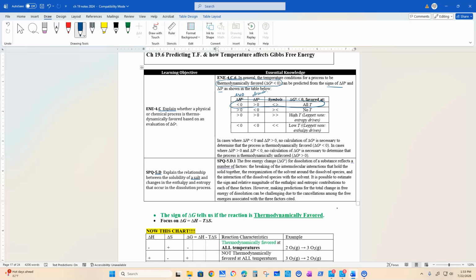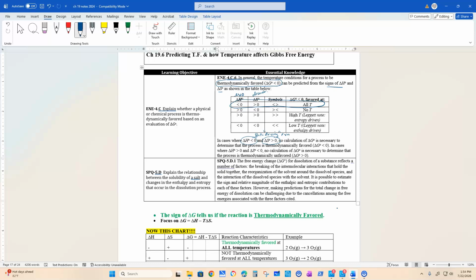Okay, so in cases where delta H is less than 0, that's good, and delta S is greater than 0, no calculation of delta G is necessary to determine if it's thermodynamically favored, because this means that they are both driving the reaction, to make it thermodynamically favored.